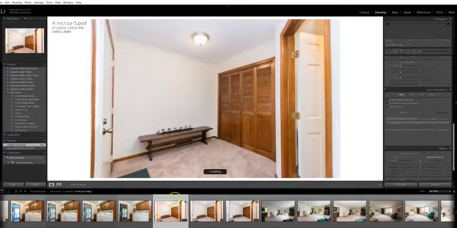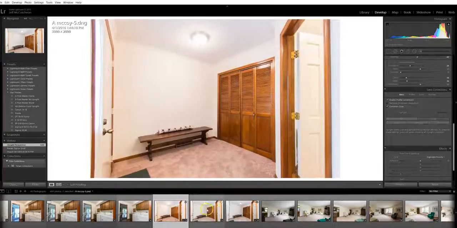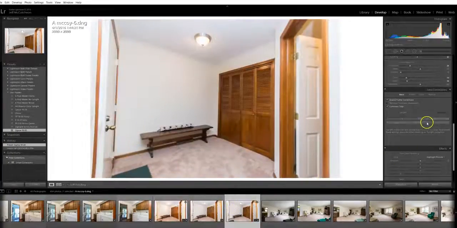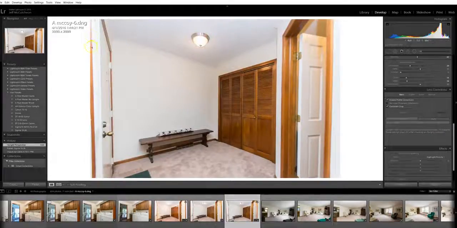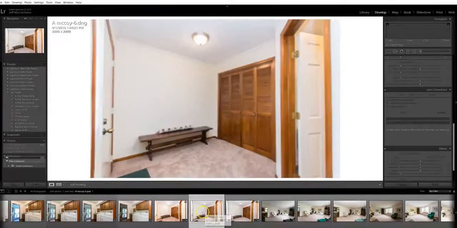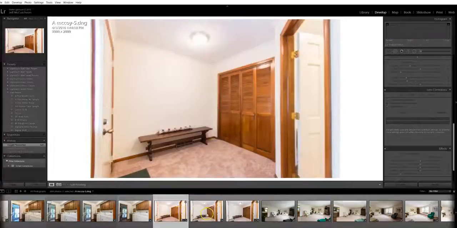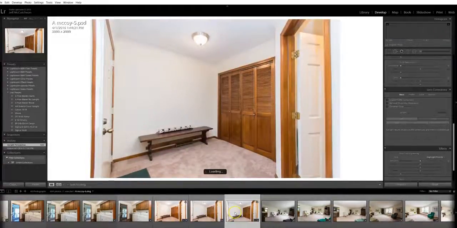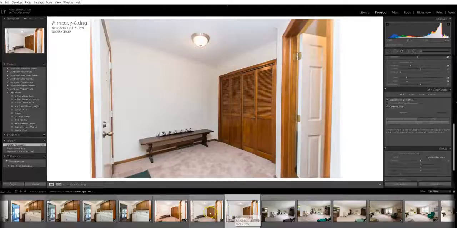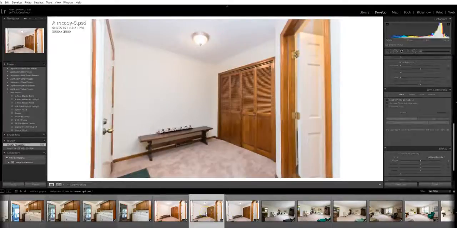That's because it's lit differently, and the algorithm analyzes it differently. Look, this one will be different still. Yeah, see, it's way off over here. So we cannot stack anything after straightening with upright mode. That's very important to know.